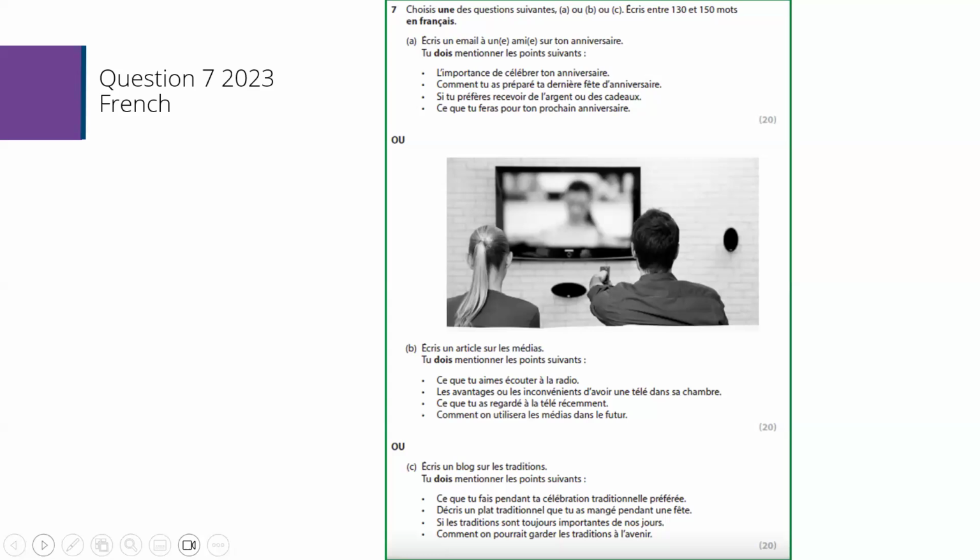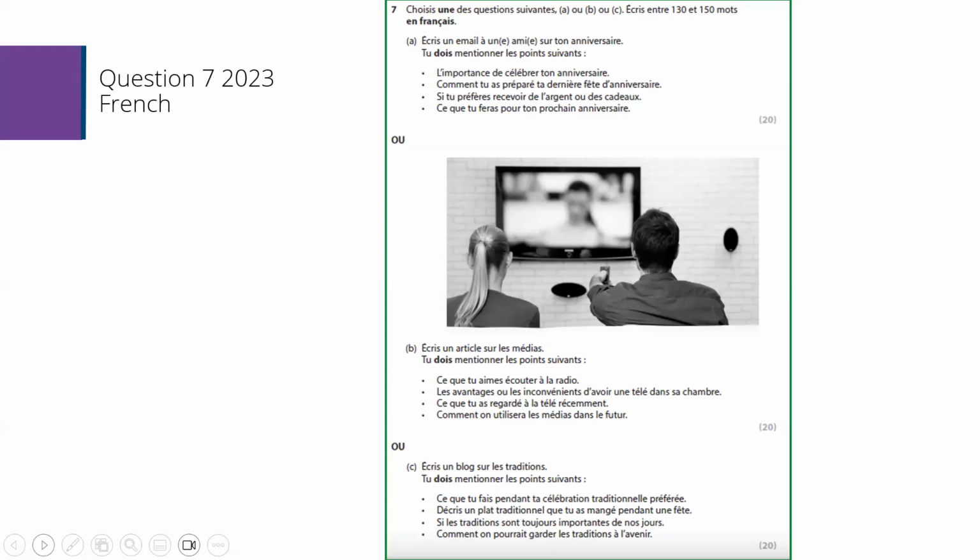Okay. So we've got opinion, personal opinion, if you like. We've got a sort of conceptual opinion about a subject. We've got past and we've got future. If we look at C, write a blog about traditions, you must mention the following points.